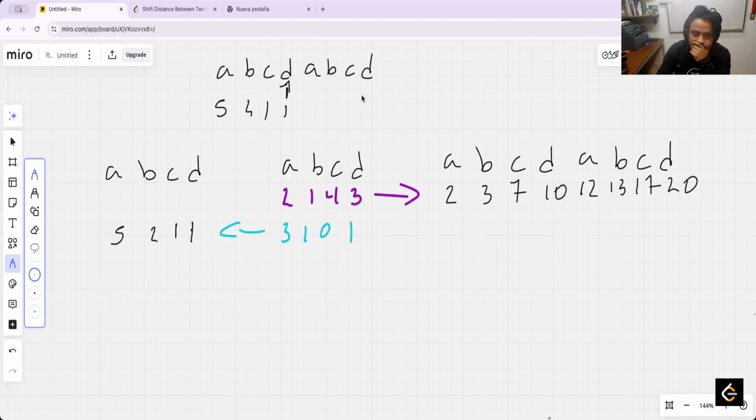For example, if I start here, it is 5, 6, 6, 7, 10.